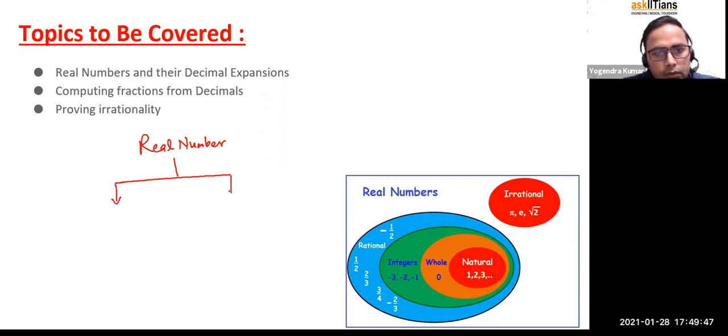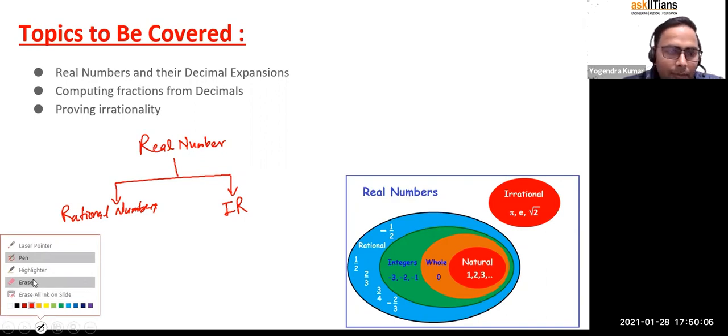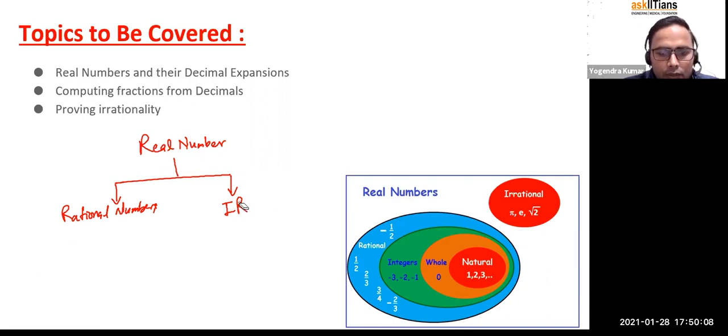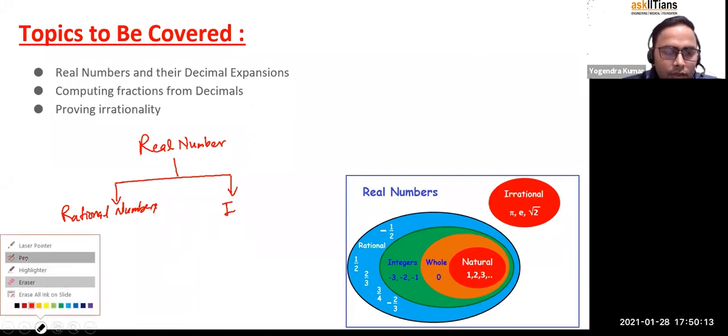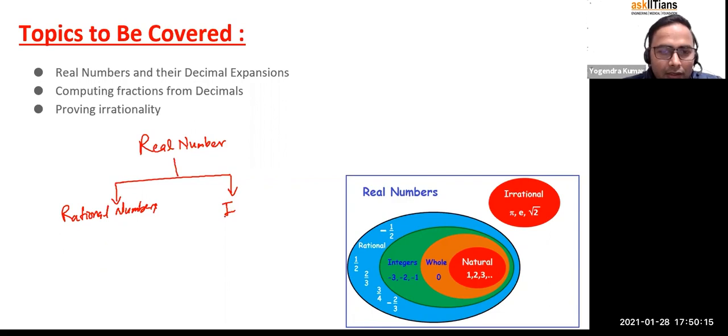First one is rational numbers, and what is the other category? Irrational numbers, right? Which is shown here also. But I wanted to confirm that real numbers are rational plus irrational. In mathematics, whatever numbers we are talking about, those are either rational or irrational.